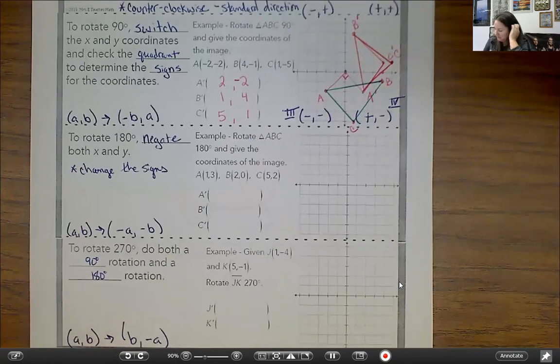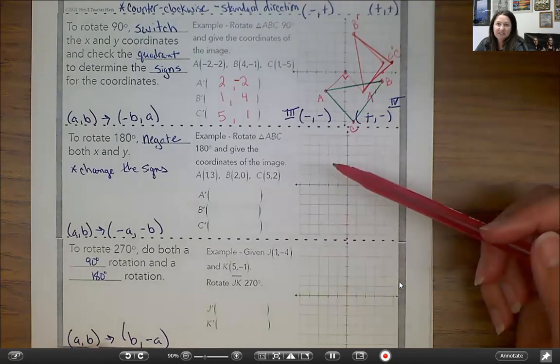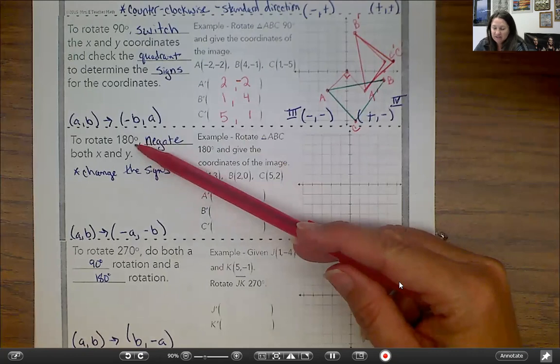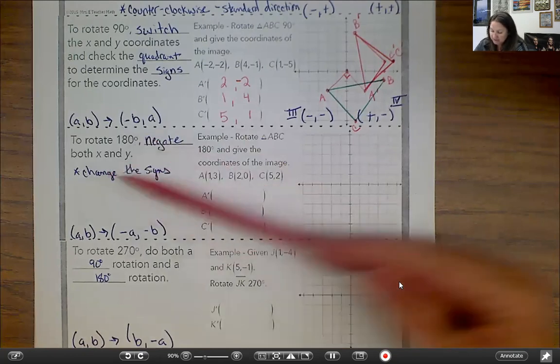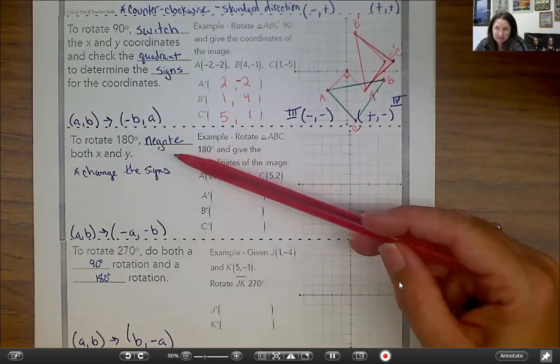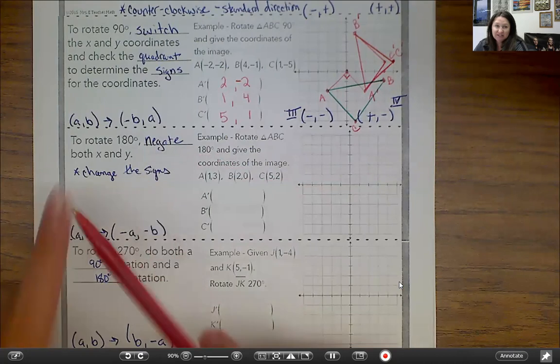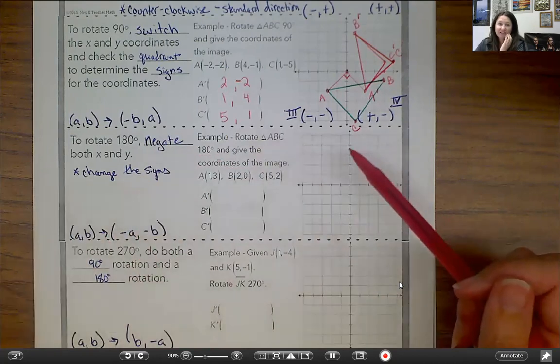All right, now if we decide we're rotating 180 degrees, you're going to negate both x and y. Negate, add a negative, or make it the opposite sign. So make sure that you do change the signs of your original vertex.